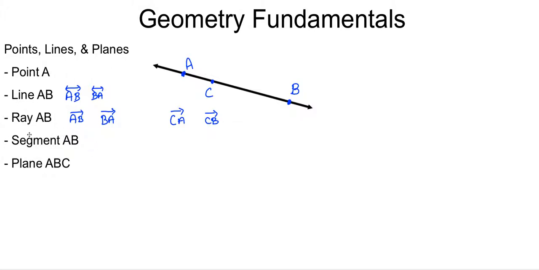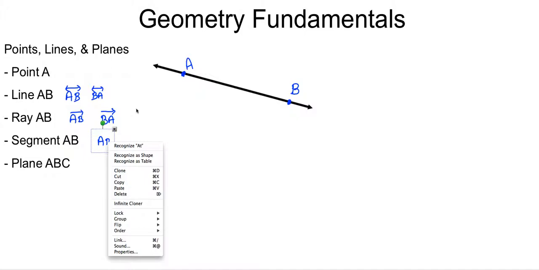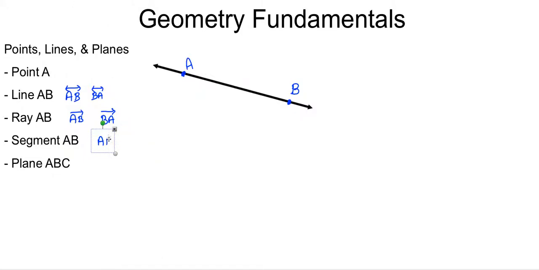Next, we have segment AB. Well, segment AB is really just all of the points between point A and point B inclusive. So segment AB is going to be all of these points highlighted here. This is going to be segment AB in that area there. And segment AB has all the same points as segment BA, so we can name those as the same segment.